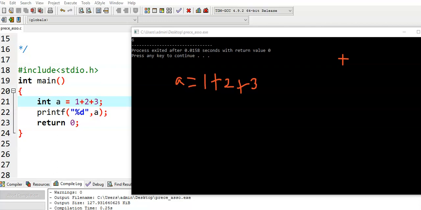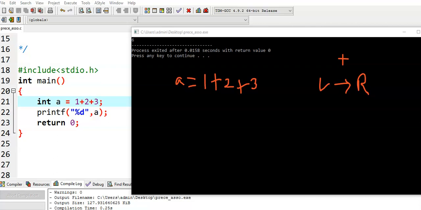The associativity of arithmetic operators is from left to right. We will see later what the precedence and associativity of different operators are. So for this example, the associativity of arithmetic operators is from left to right. That means both are plus, both have equal precedence.